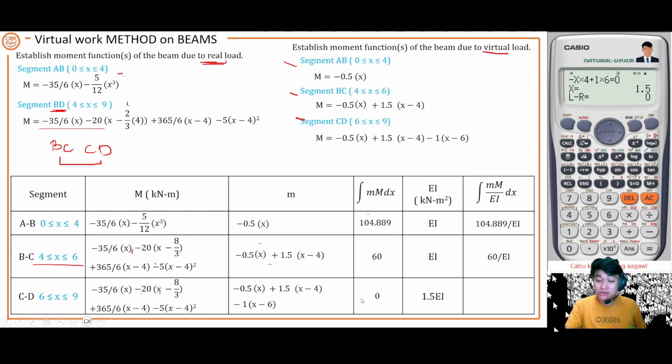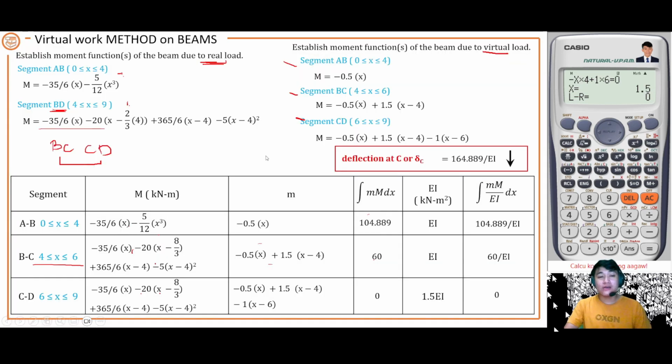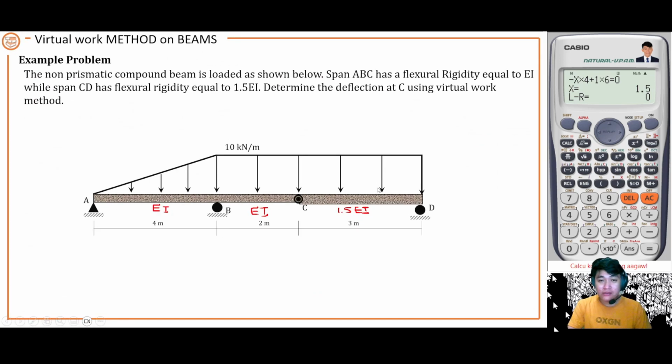This is just 0, so it will not affect your answer. 0 pa rin yan. Okay? So summing this, the deflection at C is equal to 164.889. Okay? So that is a downward deflection. Okay, so that's it. I think the only question here is the deflection at C using virtual work method.